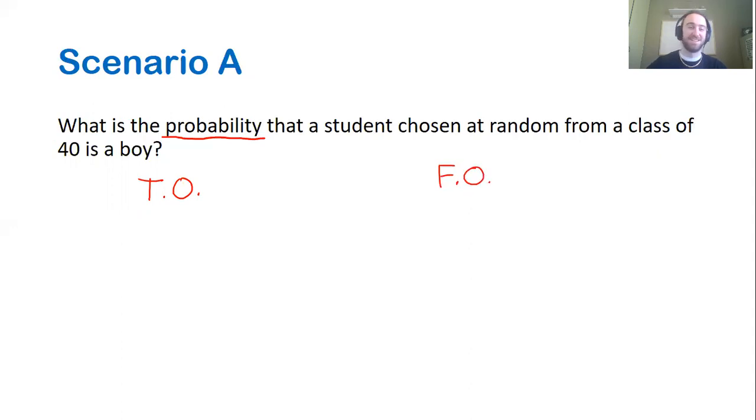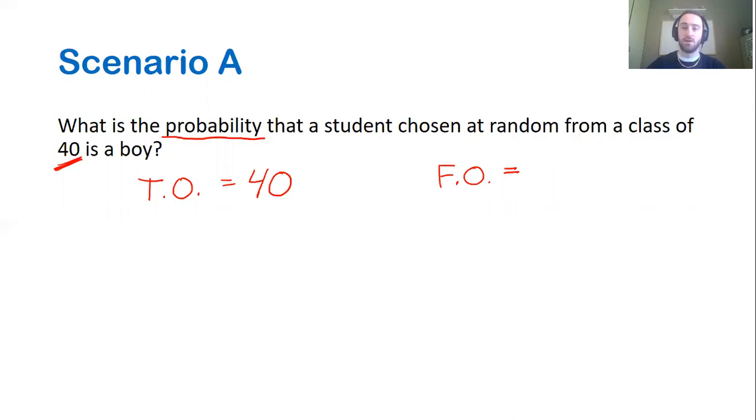So our total outcomes, well, you're choosing one student out of 40. It could be any one of the 40 students. Our favorable outcome is if we choose a boy. But do we know the makeup of this 40? No, we don't. We don't know how many are boys and how many are girls.